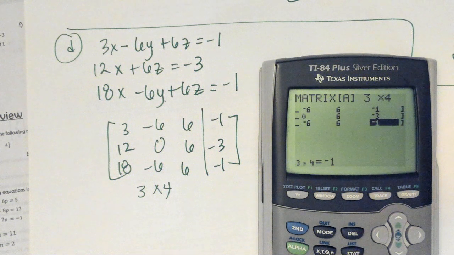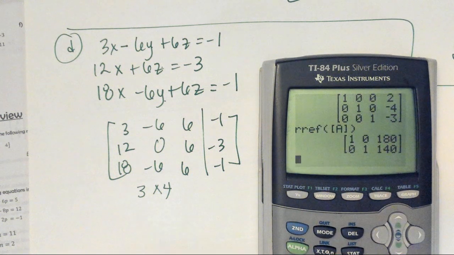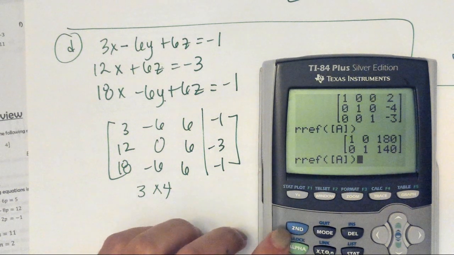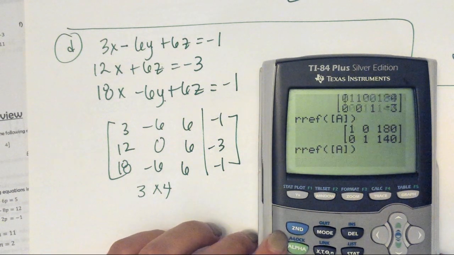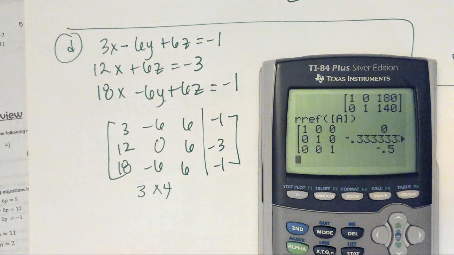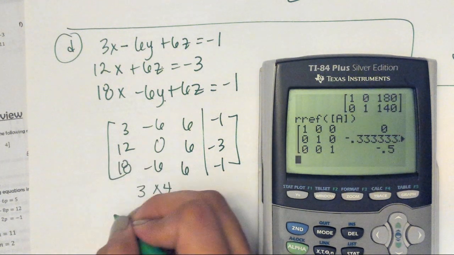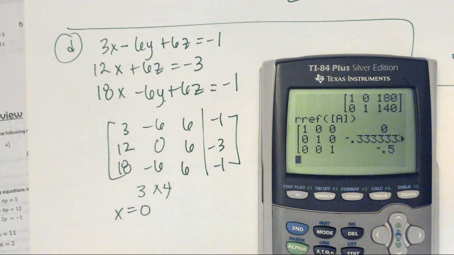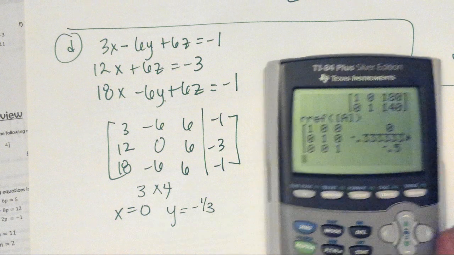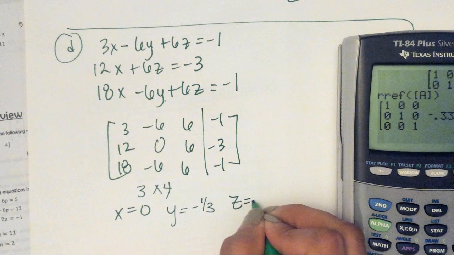And then I'm going to go to my quit mode, and I'm going to hit second enter. There we go. And then hit enter. My new answer should pop up. And so for my x, I get 0. My y, I get negative 1/3. And my z, I get negative 1/2.